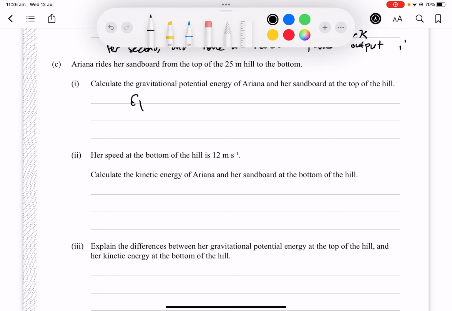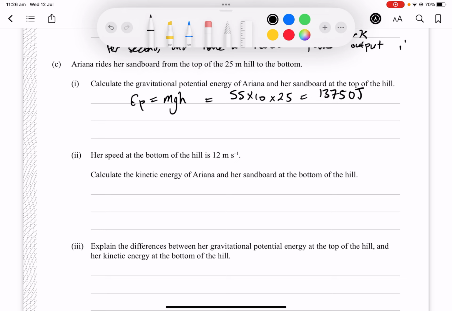Alternatively, we can just use the formula EP equals mgh to calculate the gravitational potential energy, which is 55 times 10 times 25, giving the same answer of 13,050 joules. However, we also know that it's the same amount of work done.